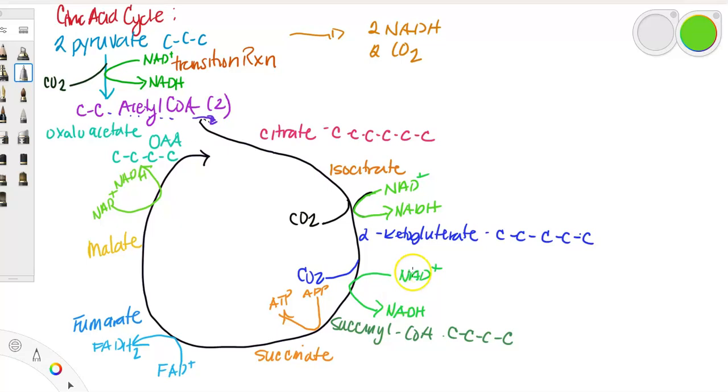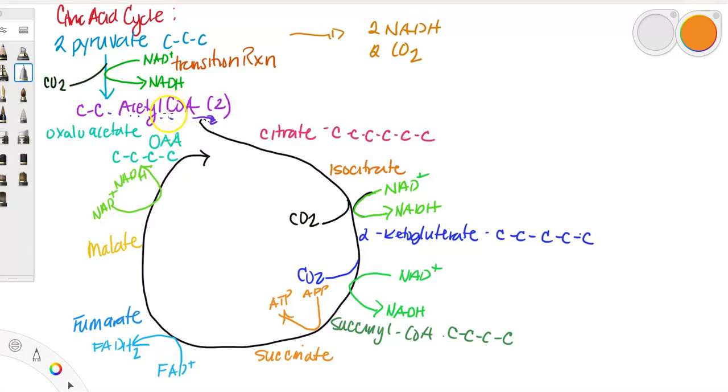Okay, so I don't care if you know all of these constituents of the cycle, but you definitely need to remember some. You certainly need to know acetyl-CoA, and it's 2-carbon. You need to know oxaloacetate, because that's what starts this thing. If that's there, then the thing can happen.